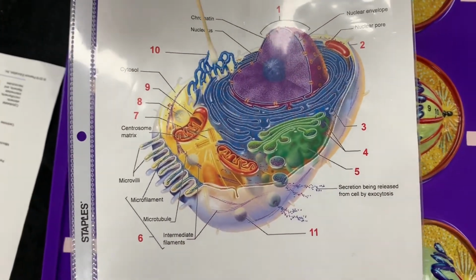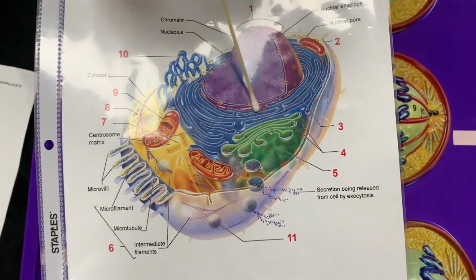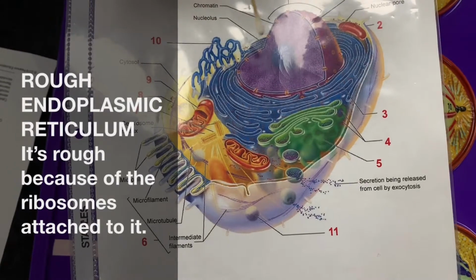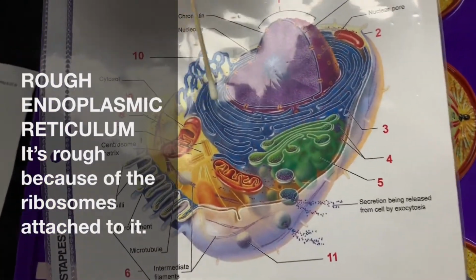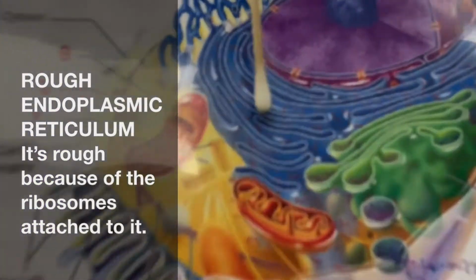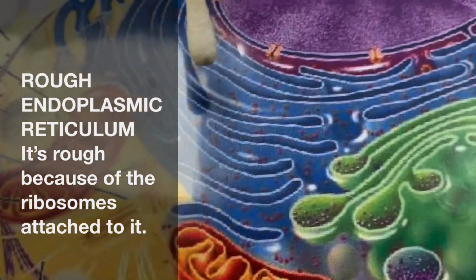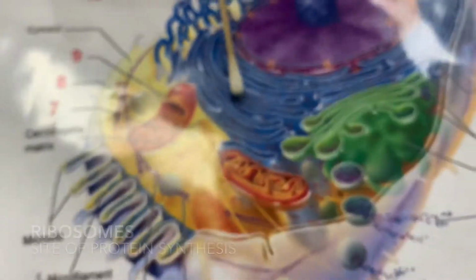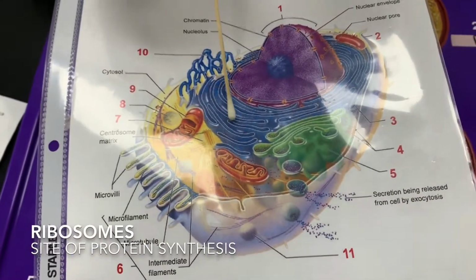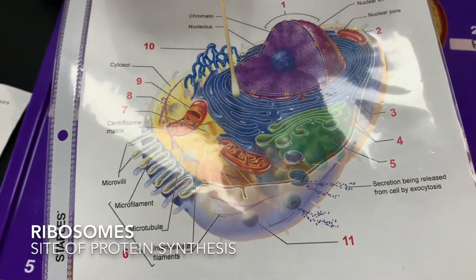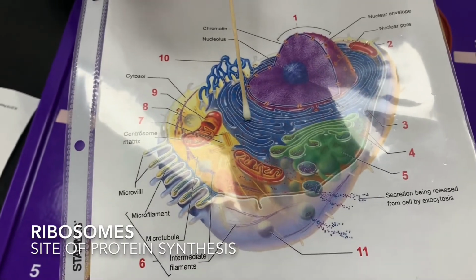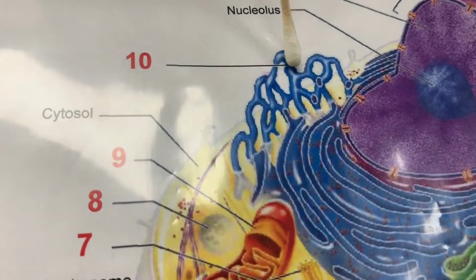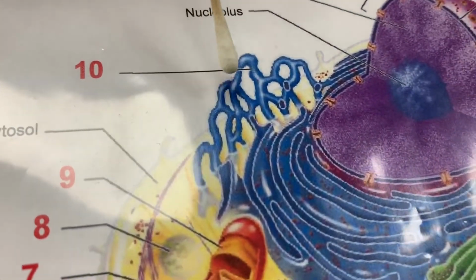Then we have the endoplasmic reticulum, the dark blue. There are two kinds. There's the rough one. You see the little red dots? That's ribosomes, and ribosomes are on the rough endoplasmic reticulum. On the smooth endoplasmic reticulum, there are no ribosomes, no red dots.